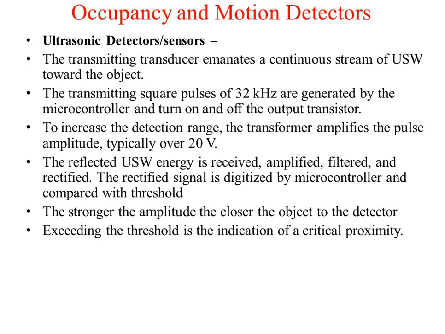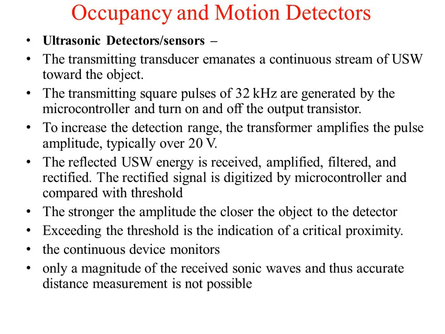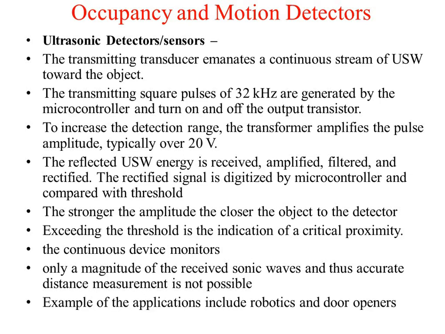Such an application was again developed by our students as well as faculty members for detecting close proximity, which was used in this COVID pandemic situation for continuous monitoring. Only the magnitude of the received ultrasonic waves is used, so we can only measure the presence, but we cannot measure the accurate distance because of this continuous device monitoring system.